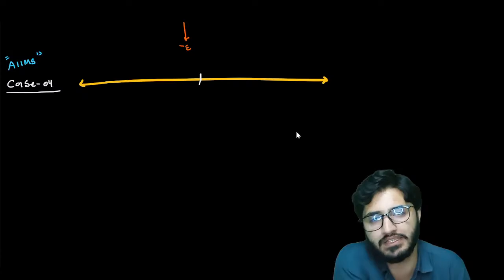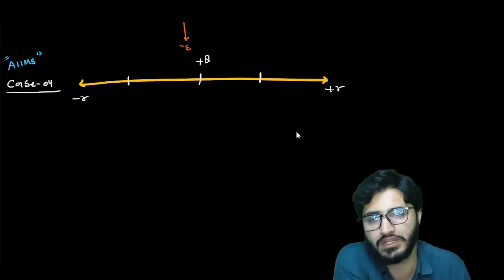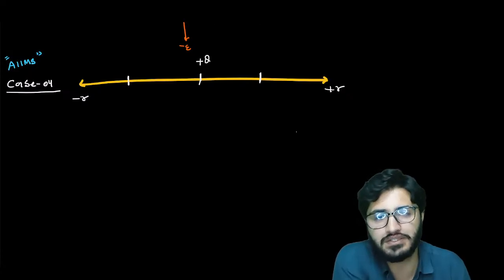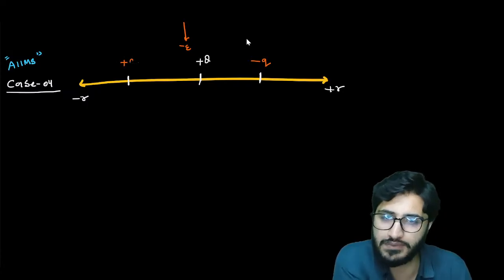Let's have a charged particle here, plus Q. Let's suppose like this, okay? And this is plus R. This will be minus R. We have two charges, one here, one here. Charges are minus Q, plus Q.